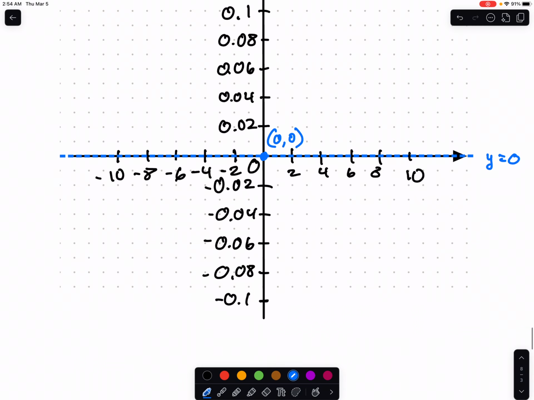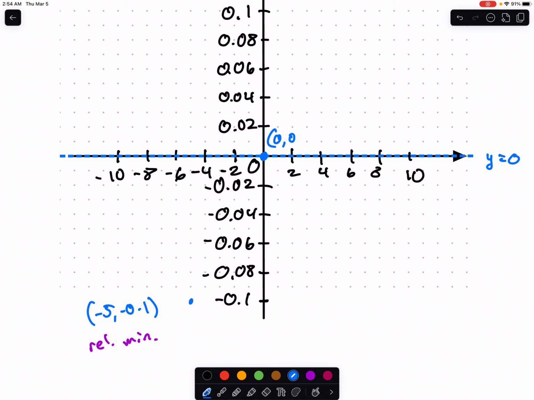Okay. So negative 5, negative 0.1 puts us like here. This should be a relative minimum value. And then we also had 5 comma 0.1.